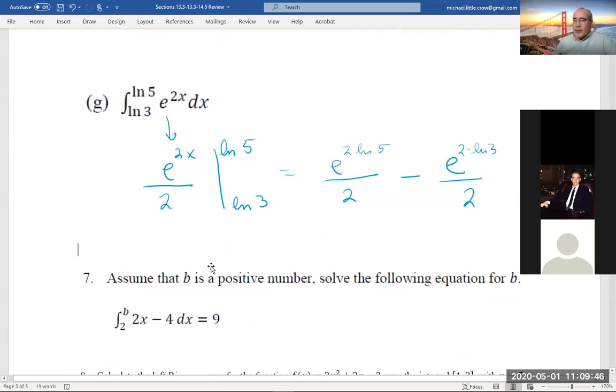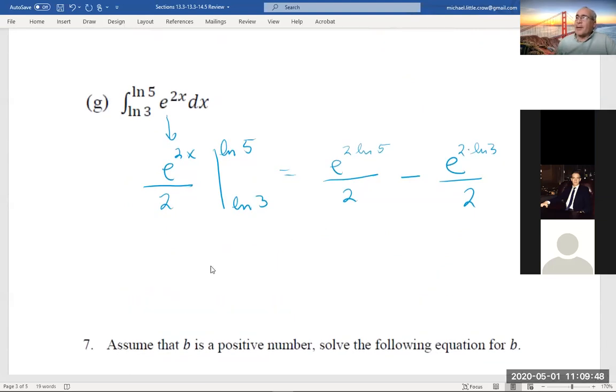Now you still probably won't see this. What you have to remember a little bit from your algebra, when you're multiplying natural log, is that this 2 actually becomes an exponent. So this becomes e to the natural log of 5 squared over 2 minus e to the natural log of 3 squared over 2.